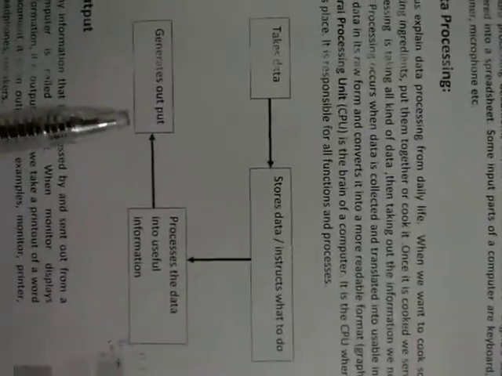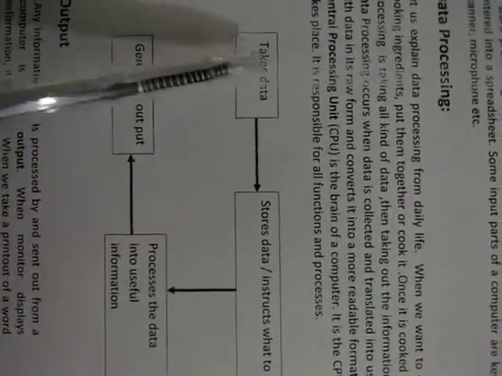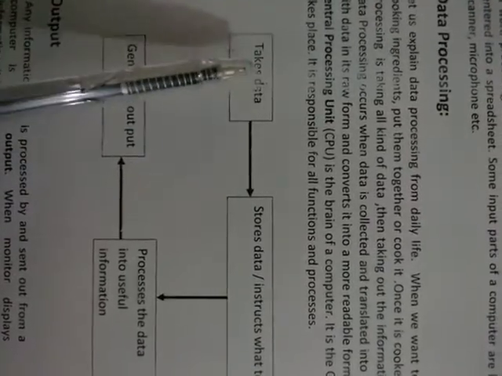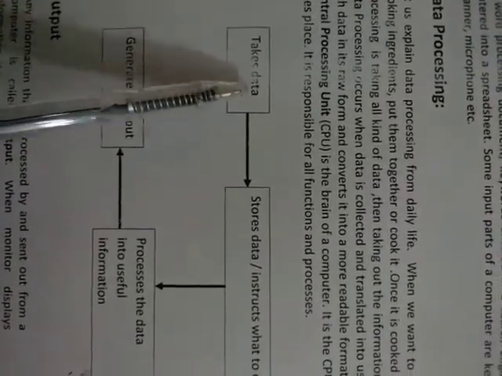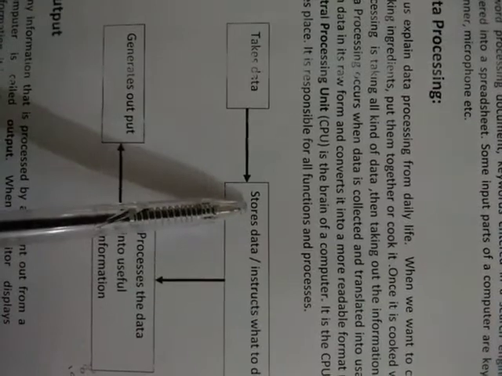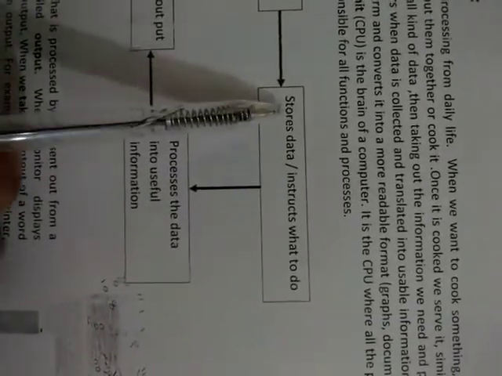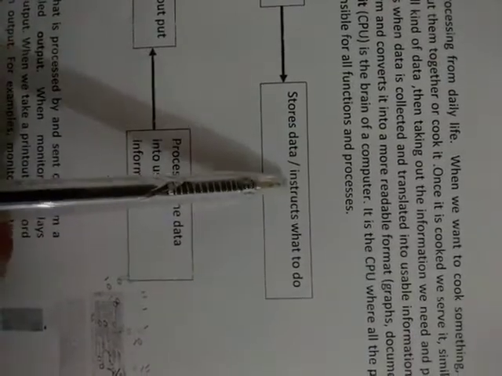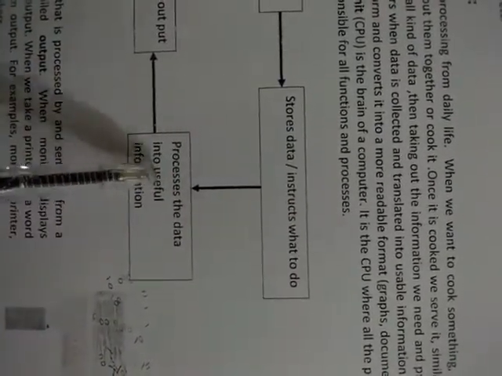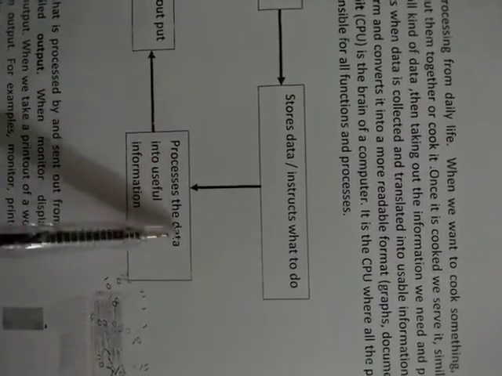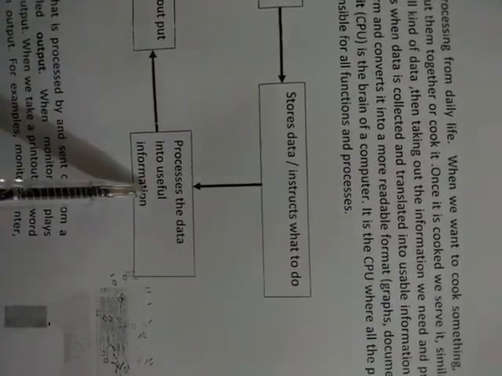Okay, so let's see the picture. First of all, the computer takes data, then this data goes to the central processing unit. Now the central processing unit stores the data and instructions on what to do. Then the next part processes the data into useful information.